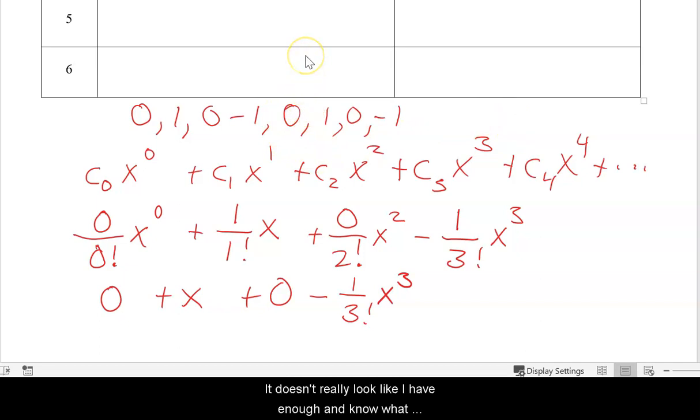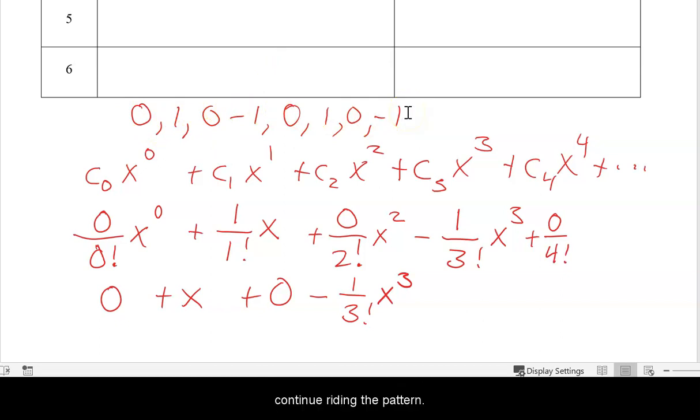It doesn't really look like I have enough to know what the next pattern is going to be, so I'm going to extend it by using my knowledge of what the numerator has to be to continue writing the pattern.